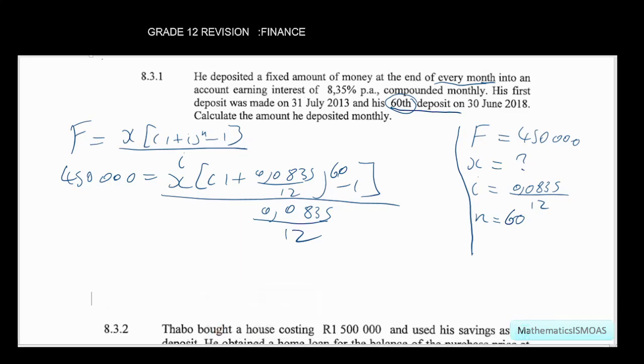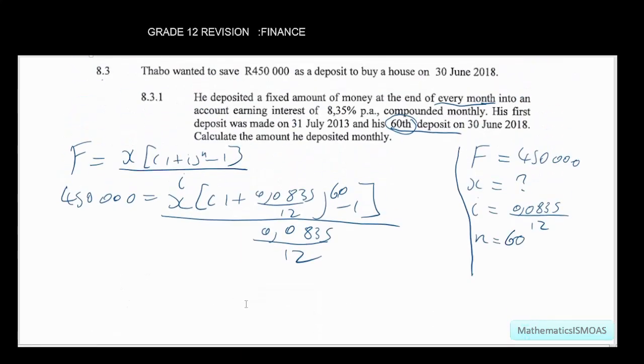And then from here, you just make use of your calculator to solve for X. Let's start first by multiplying both sides by 0.0835 divided by 12.